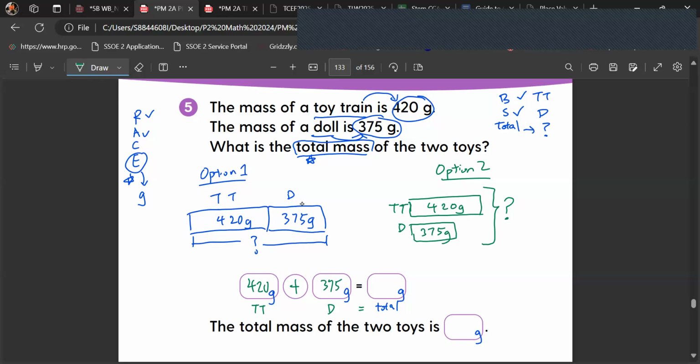I do my working at the side here, 420 plus 375. And then I can write my answer. Is it difficult? No, not difficult at all because we don't need to do regrouping. Easy peasy lemon squeezy, right? Yes.